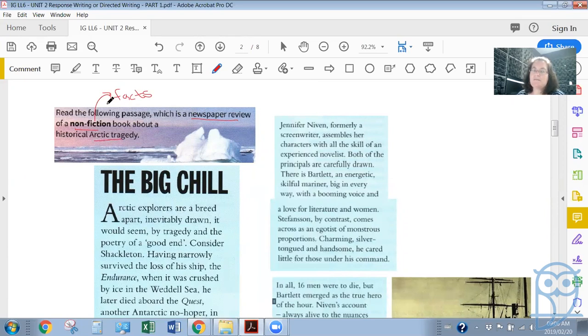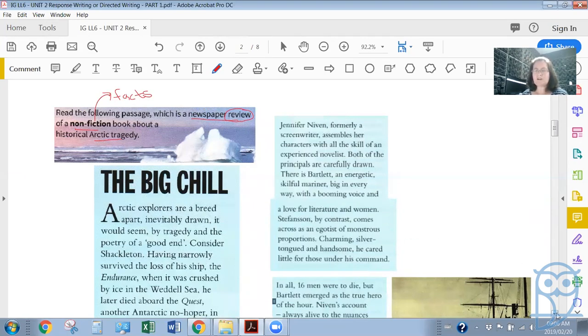All right, so you're given quite a bit of information here. Now, it's a review, it's a book review ultimately, the non-fiction book review. So it won't be your typical newspaper article that is giving you facts about an incident that has happened. It's going to look at what somebody has written and it's going to make some sort of judgment about that.